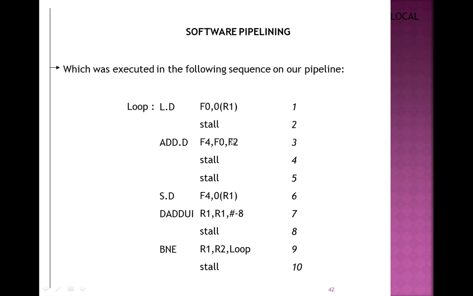Then there is a pause at the next cycle. Then ADD F4, F0, F2 at the third cycle. Then SD F4, 0(R1) at the sixth clock cycle. Then DADD for decrementing the values, then BNE, that is branching the execution.